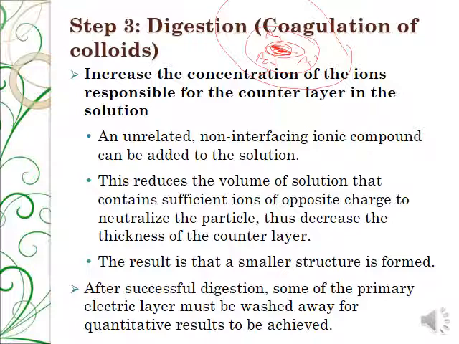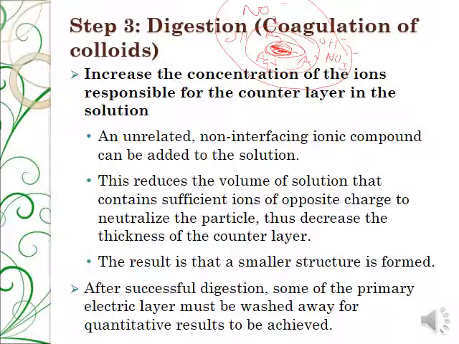This counter layer will have other ions like the nitrate, like the OH, because this is positive just now, so it attracts the negative ions. So we have the nitrate here, nitrate and OH.